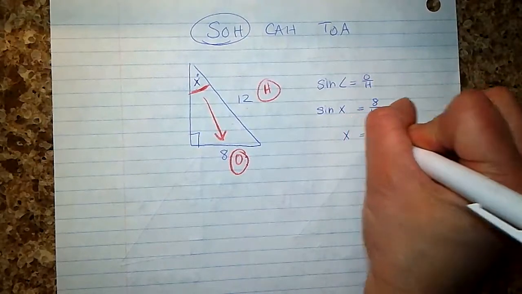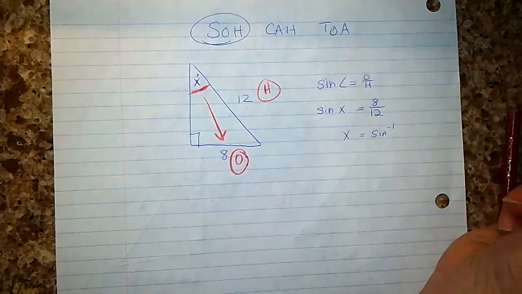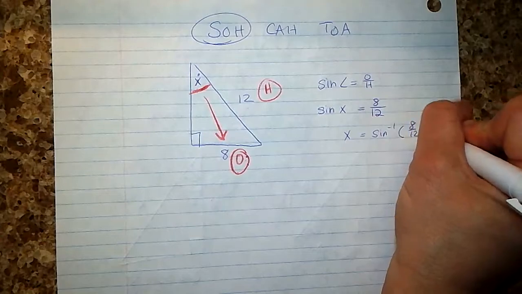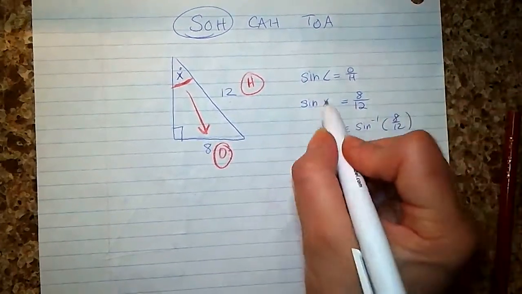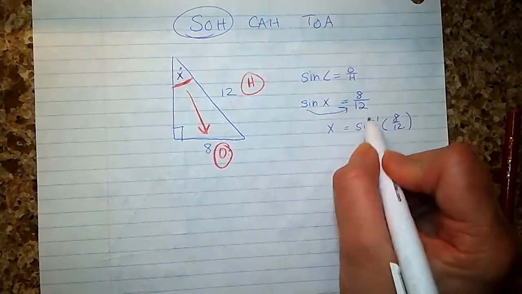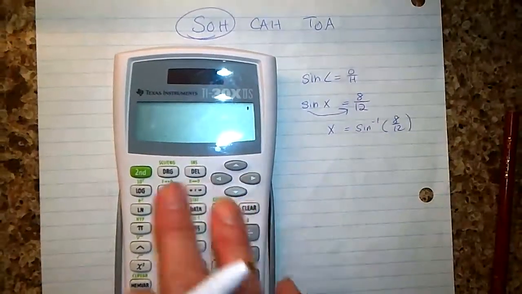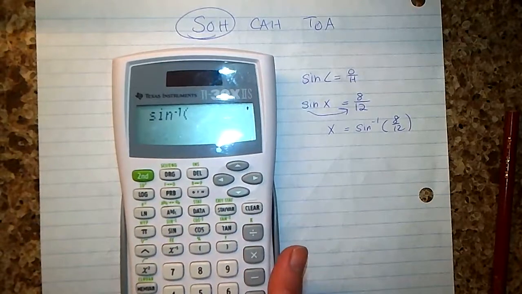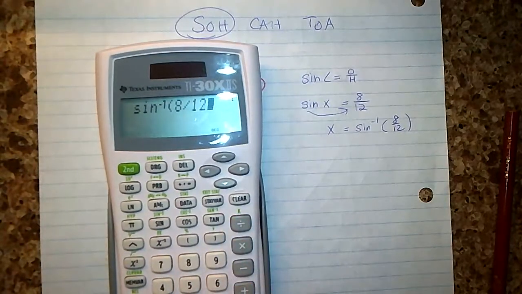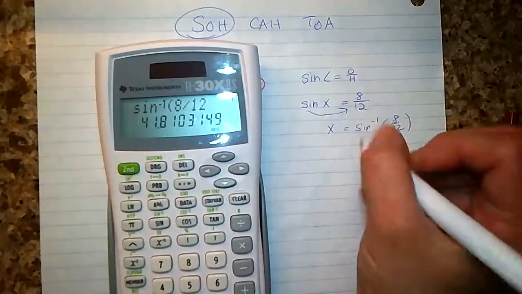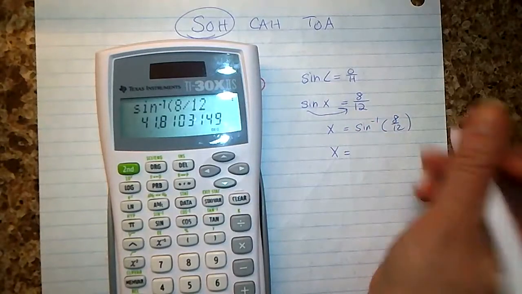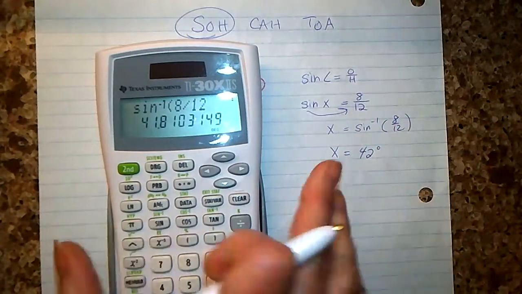So x is equal to sine to the -1 of 8 divided by 12. Then go to your calculator, second sine of 8 divided by 12, hit enter. This is an angle measure, so you round it off to the nearest whole degree. That angle would be 42 degrees.